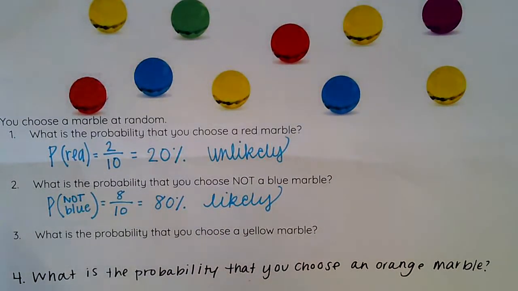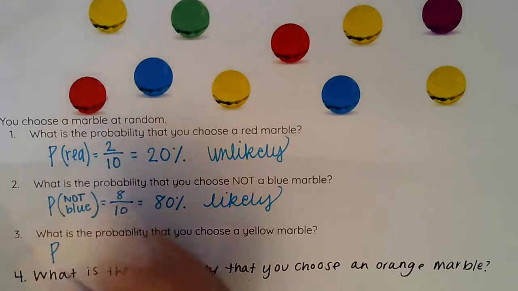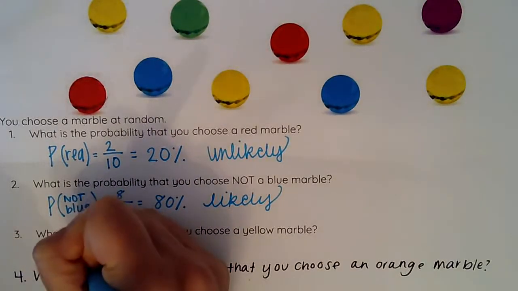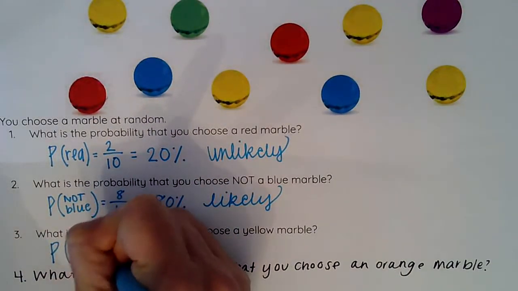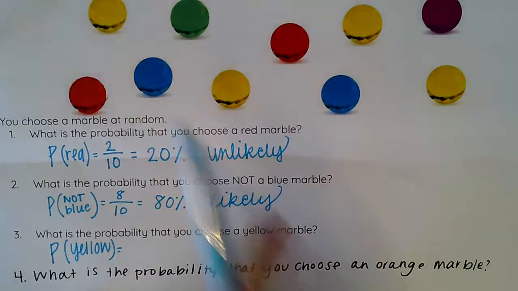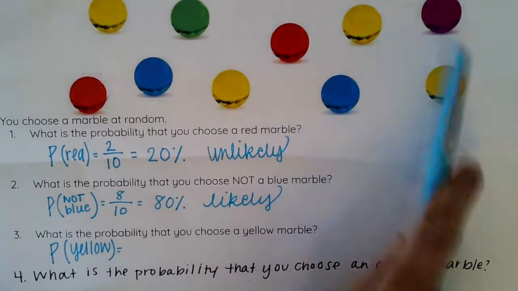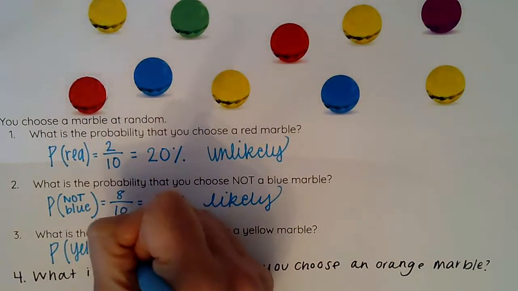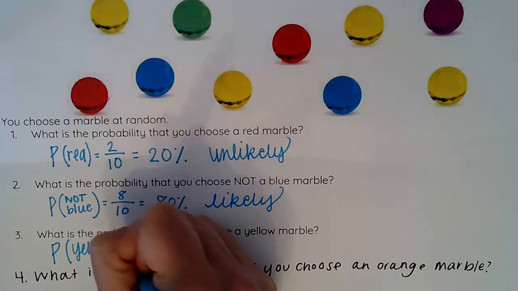All right, 2 more. We've got, what is the probability that you choose a yellow marble? So again, I set up my P and my event, which is yellow. I count. Yellow is my favorable outcome. So I count. I have 1, 2, 3, 4 yellow. Possible outcomes is still 10.